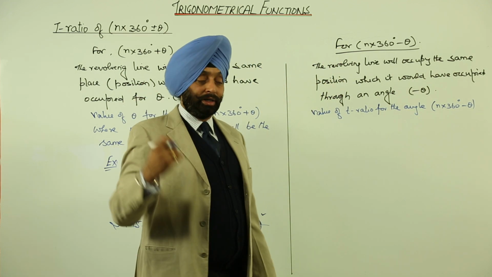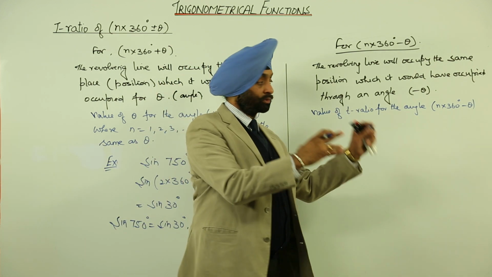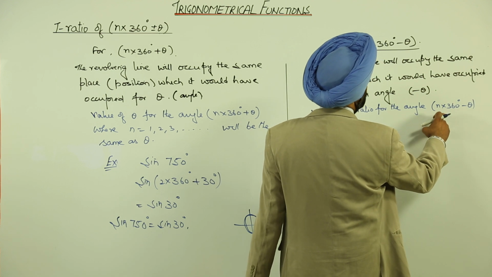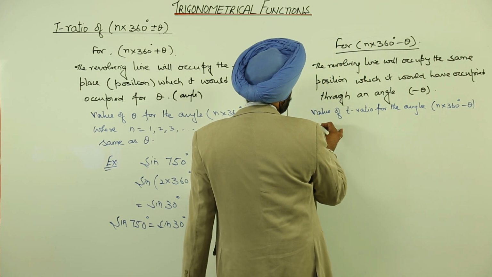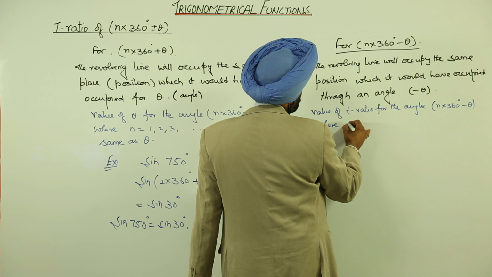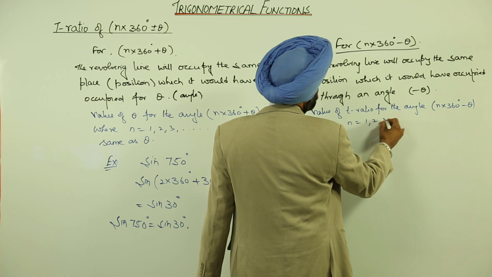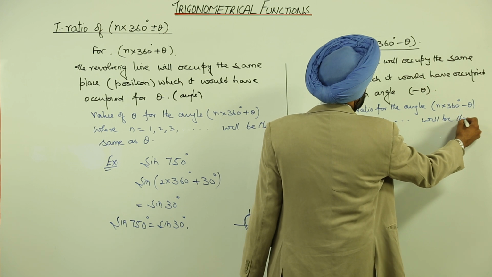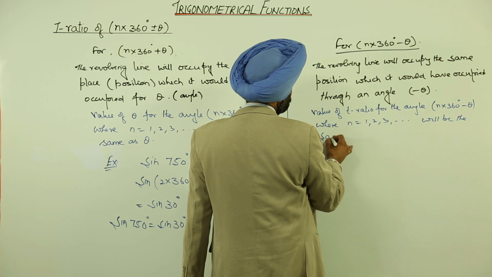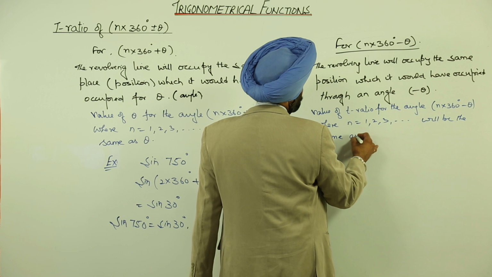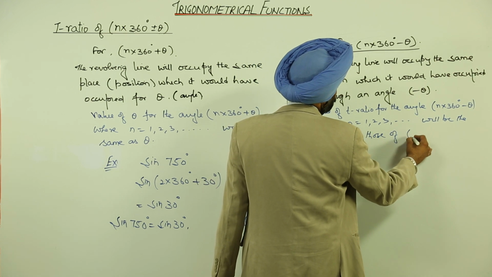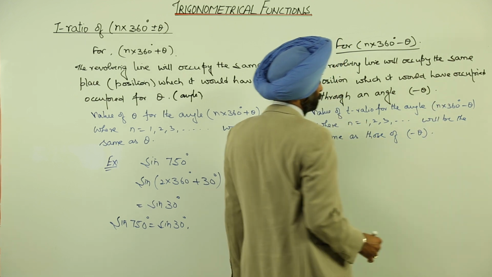I have directly mentioned angle there, you can write that also, you can write this also, okay. So the value of T ratio for the angle n times 360 degree minus theta, where n is 1, 2, 3, will be the same as those of negative of theta, okay.